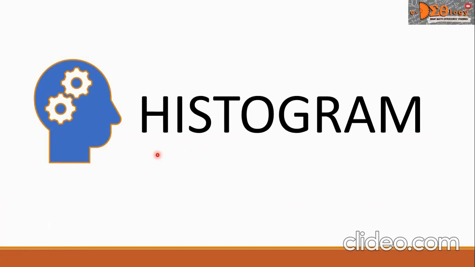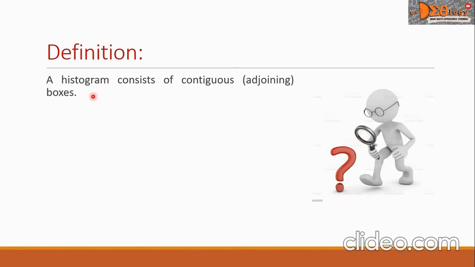Hi everyone. Today we're going to study histogram. A histogram consists of contiguous or adjoining boxes. It has both a horizontal axis and a vertical axis.